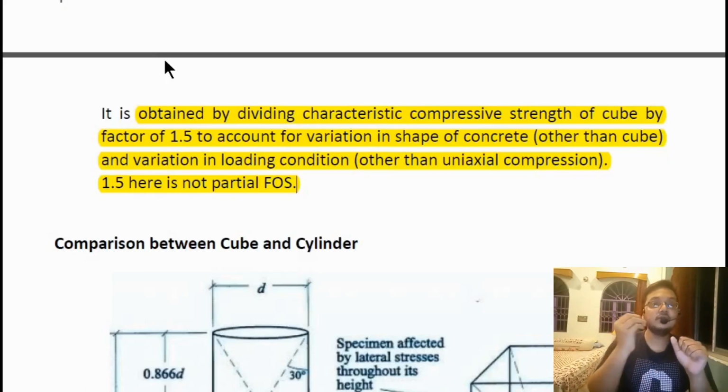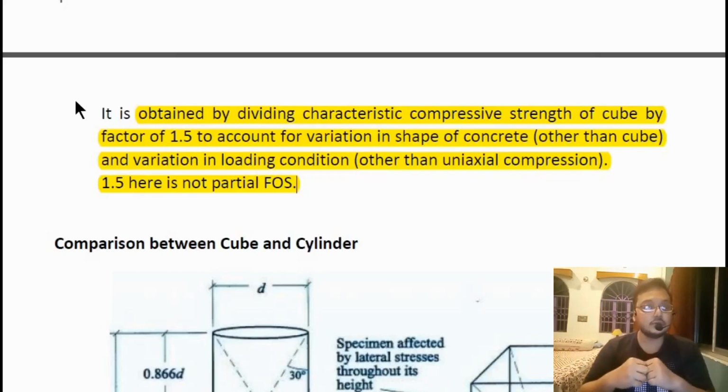So we will consider that particular factor 1.5, considering the ups and downs of the strength of the concrete, and we will divide with it. On dividing, we will have a strength somewhat lesser than what we were getting through the cubes. So we will be very much safe in accordance to what we are trying to obtain.